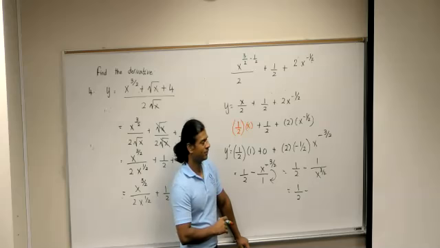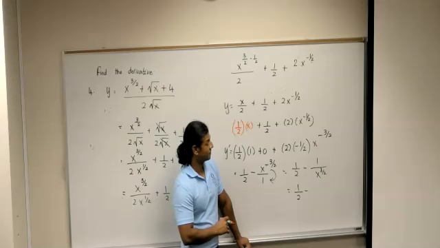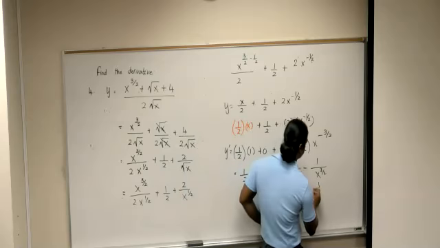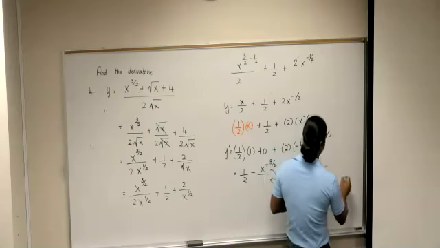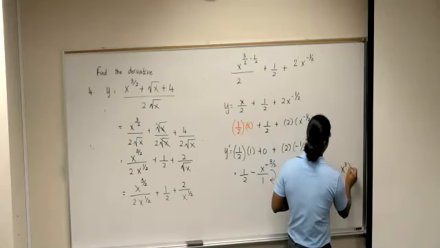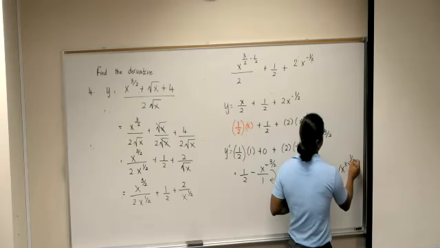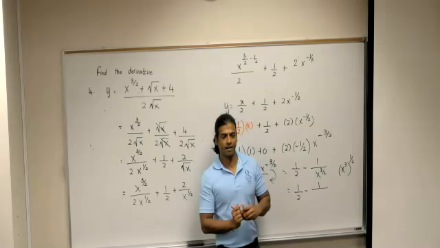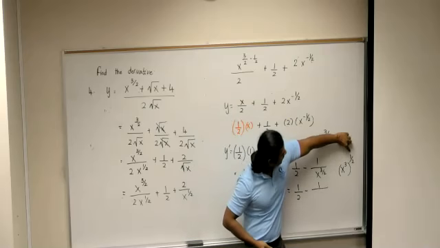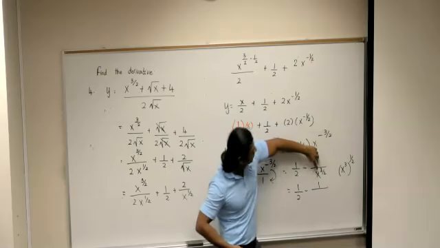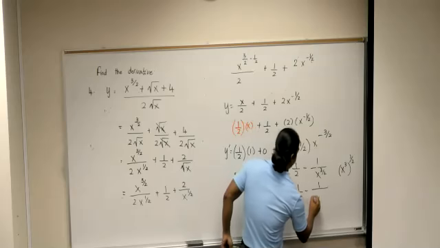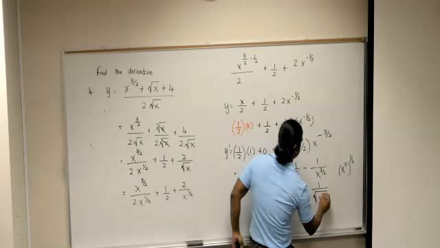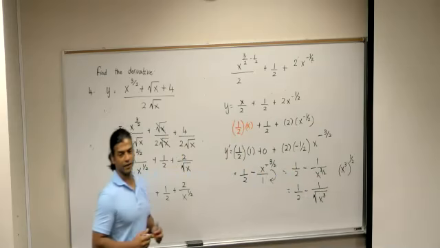The x cubed is inside the square root, so it is actually the square root of x cubed. So x raised to 3 over 2, I can write as x cubed raised to 1/2, correct? 3 times 1/2, I get 3/2. So I could write the denominator as the square root of x cubed.